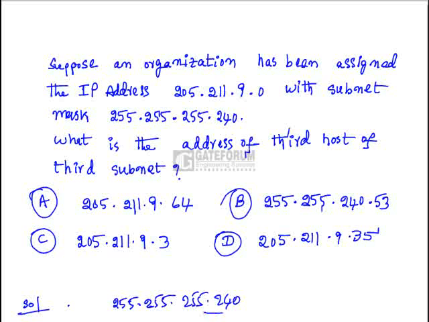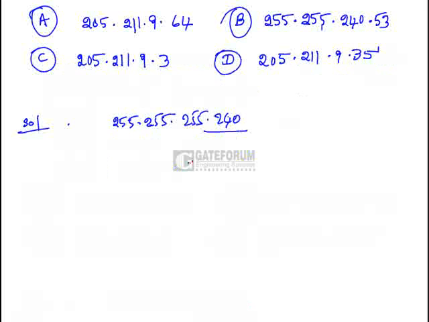The default mask is 255.255.255.0. As we have subnets for the main network, we have taken the mask as 240. So 240 in binary we can write as 11110000. So the first 4 bits we can use as the subnet ID, and the remaining 4 bits as the host ID.